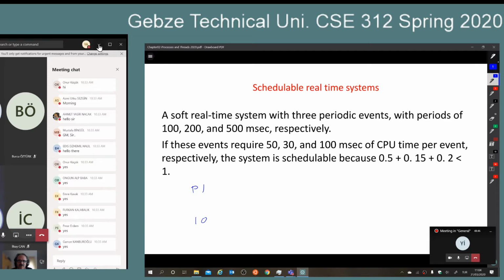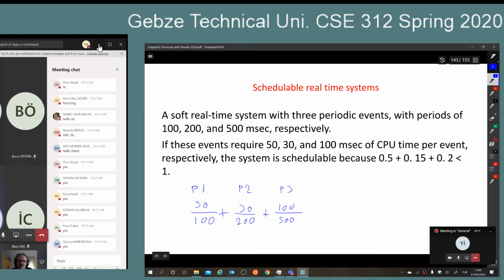When P1 runs, it will take 50 milliseconds. P2 will take 30 milliseconds, but P2 is going to run every 200 milliseconds. And P3 will take 100 milliseconds and it is every 500. So all you do is divide them and add them up.